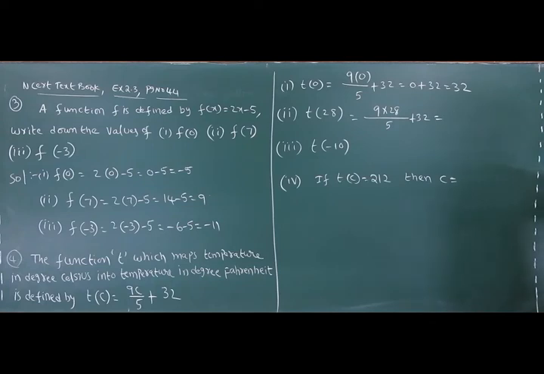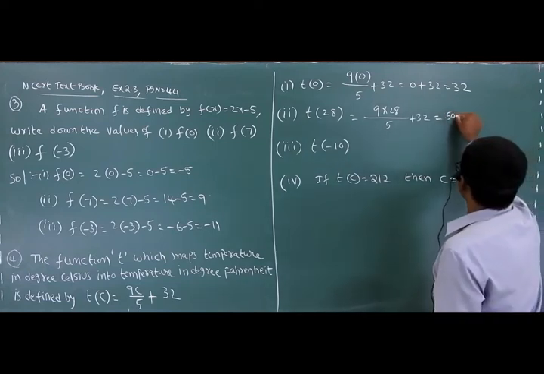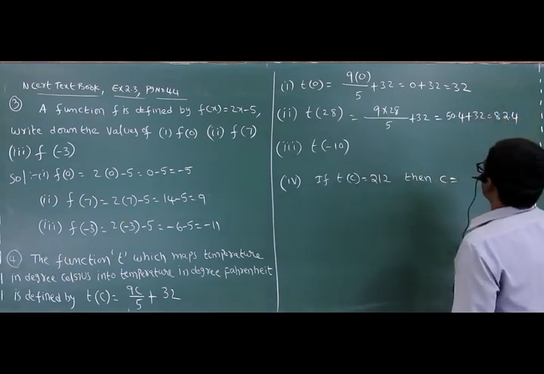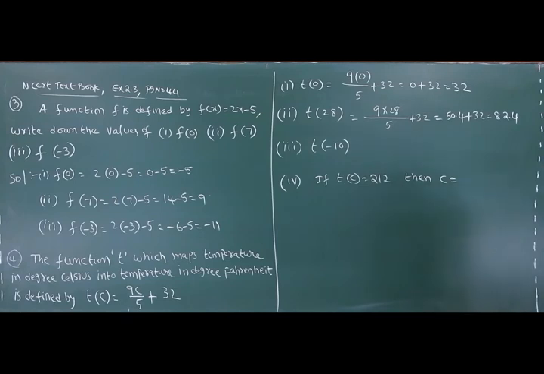Divided by 5 means you can get a 5 table in 28. 5 5s are 25, 5.6. 5.6 into 9, 50.4. 50.4 plus 32, that is equal to 82.4.